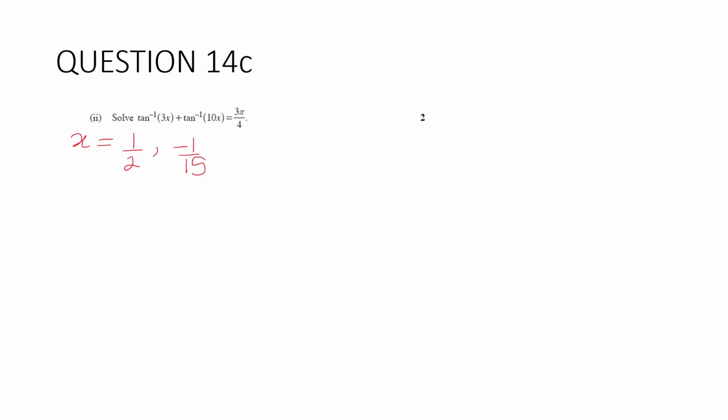So when x is equal to a half, I get theta is equal to 2.356, and 3 times pi divided by 4 is what that's equal to. So that's good. Now what happens when I put negative 1 on 15 in? I get inverse tan of 3 times that plus inverse tan of 10 times that.